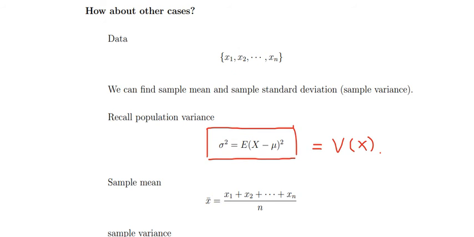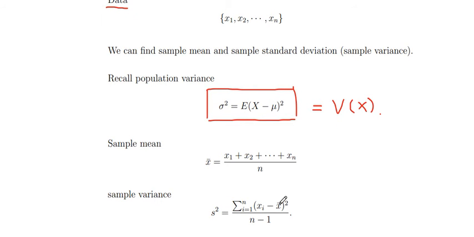If we have the distribution, we can do the calculation. But now we do not have the population's distribution. We only have those data, the samples. For the sample mean, it is just the average. So we can say variance is the average of those squares. Here we replace mu by x bar.